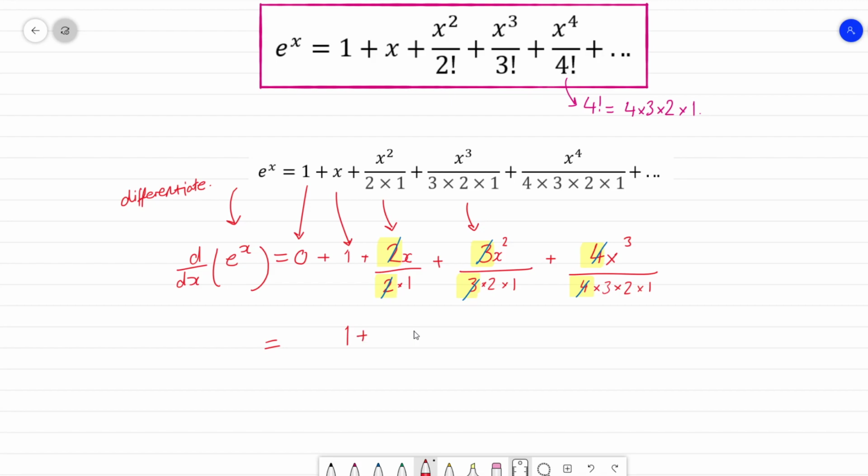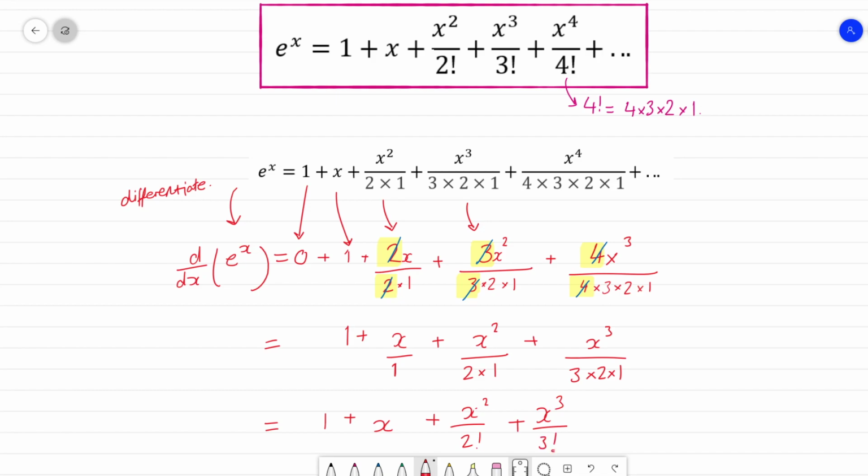I've got here x over 1, x squared over 2 times 1, x cubed over 3 times 2 times 1. And you can rewrite those in factorials. Let's write that again. x squared over 2 factorial, x cubed over 3 factorial.